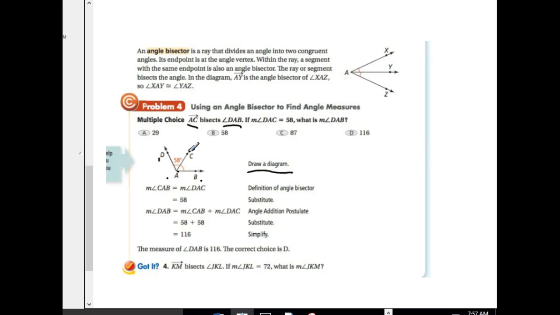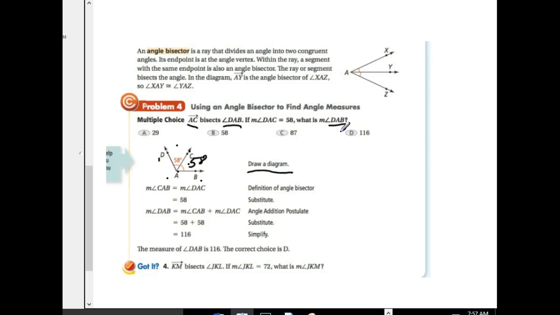And then it goes on to say that the DAC, which is this one over here, was 58 degrees. Well, that means that CAB, this one, is also 58 degrees, but that's not what the question asked. The question asked, what is angle DAB, or the big one?